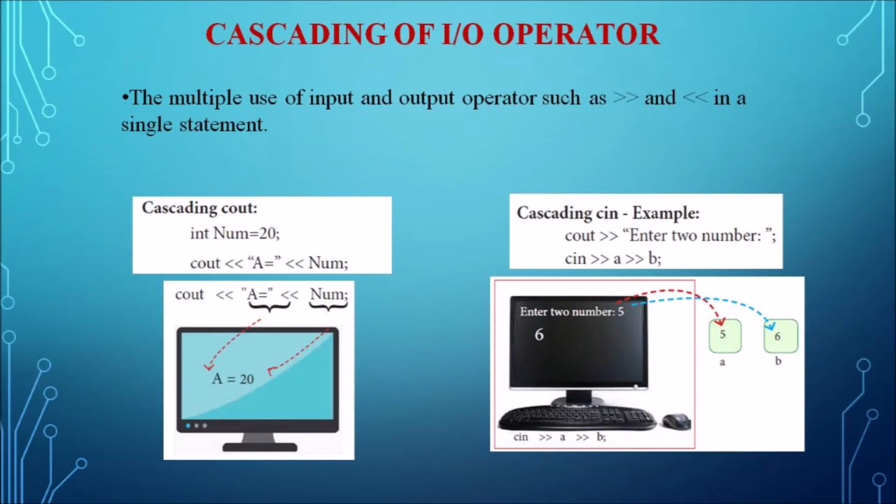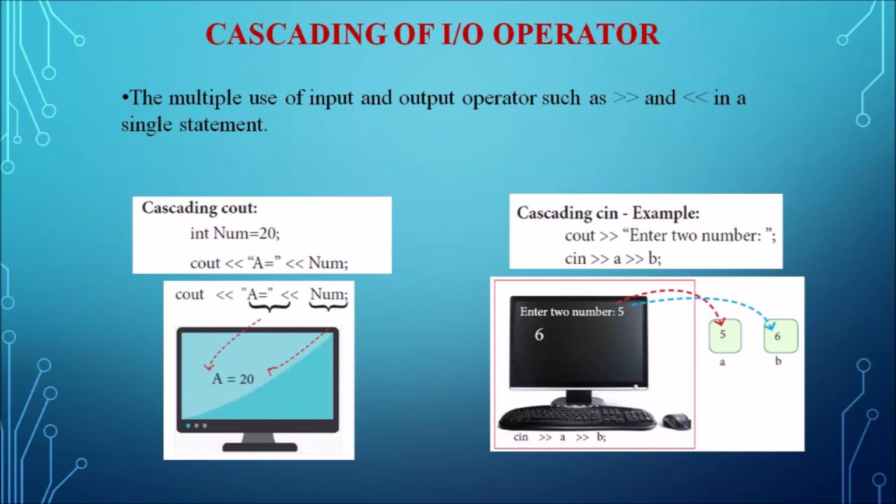In the second line you see cin, and the extraction operator is used, and the variable a is given. It is not given within double quotes, which means that it is a variable. It is going to extract some value from the user and store it in a. And again the extraction operator, that is the input operator, is used, and the variable b is given.